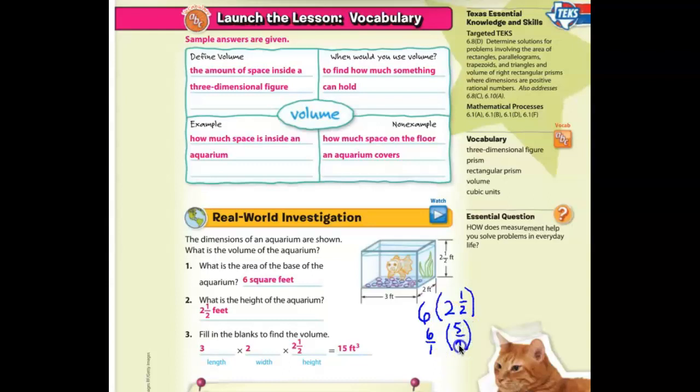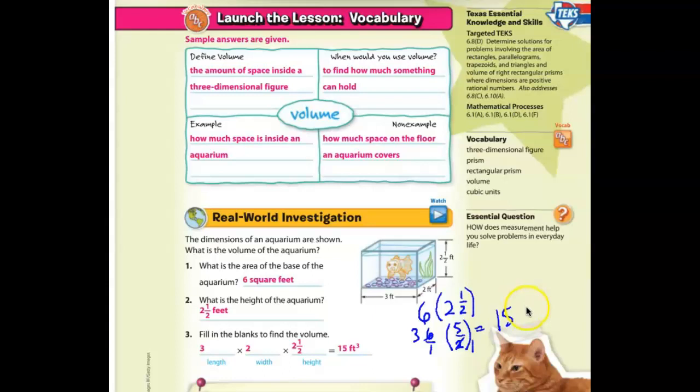All right, so I'm going to start by simplifying first. So I know that 6 and 2 are even numbers. So what can we divide them both by? Answer that, please. Very good. By 2. So 2 divided by 2 is 1. 6 divided by 2 is 3. 3 times 5 is 15.